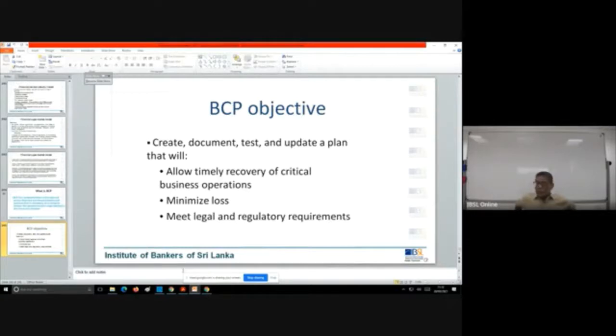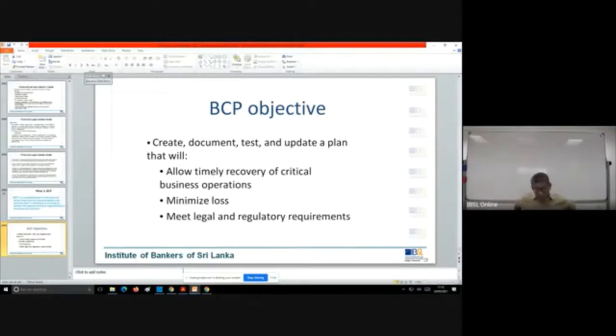It plays an important role in your risk management strategy. The risk can be a natural disaster like fire, flood, or an epidemic or pandemic situation like COVID, or maybe cyber attacks. The BCP facilitates how quickly you bring your business back to normalcy, reducing losses.